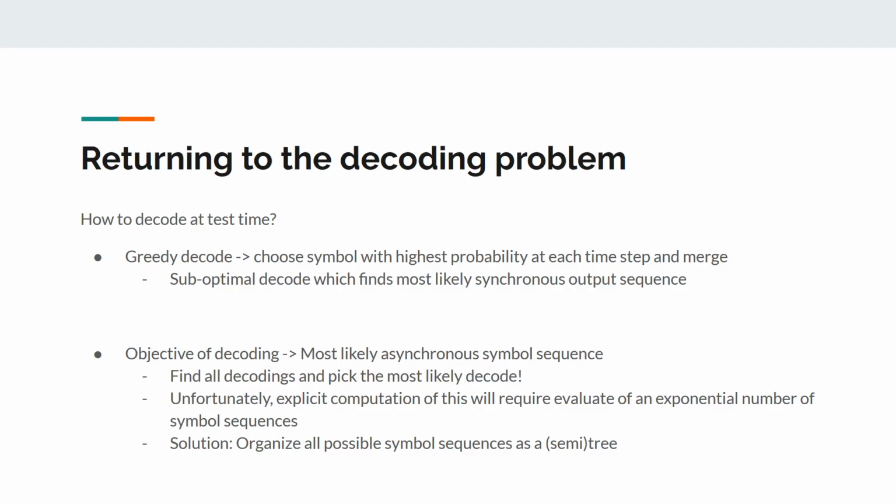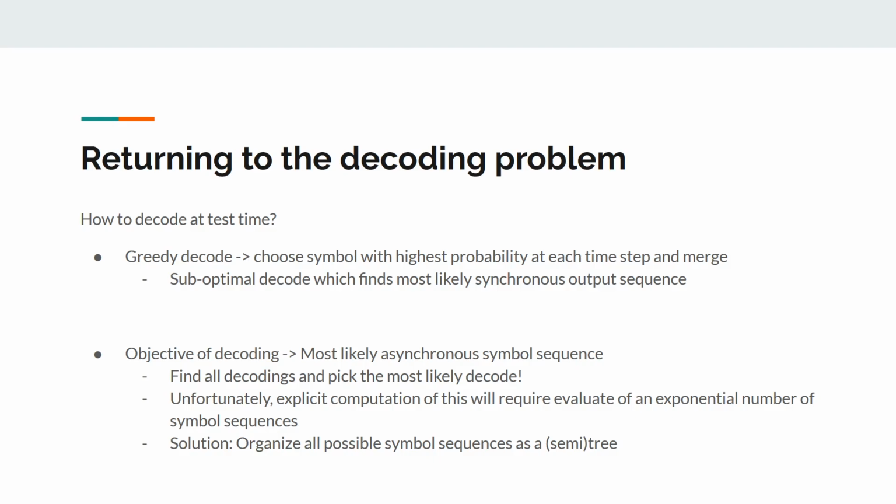However, this will obviously be suboptimal. Basically, at test time, you will be performing a simple argmax over the entire column of probabilities over all the symbols, and thus finding the most likely time synchronous symbol sequence instead of the most likely order synchronous symbol sequence.